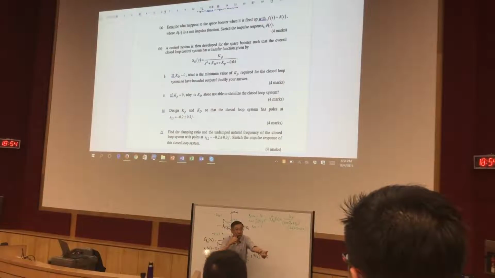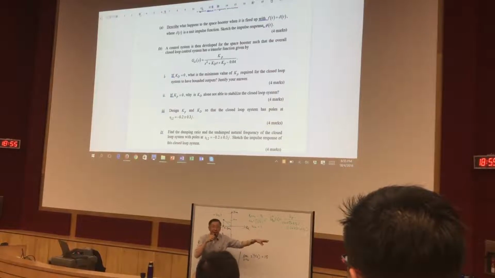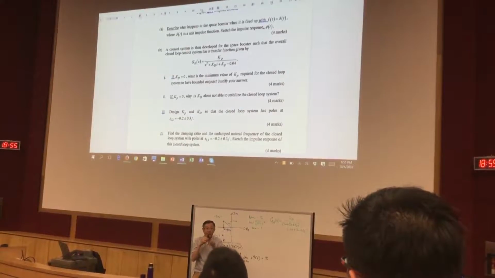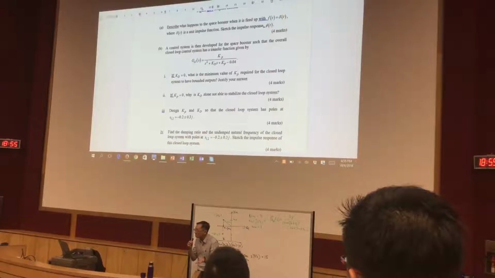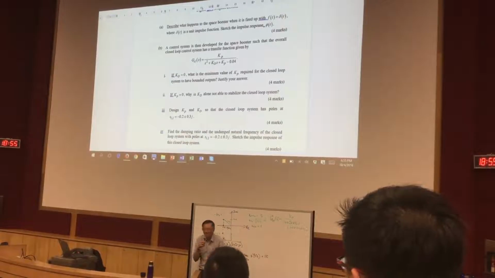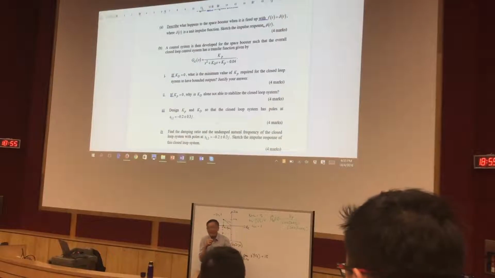You can find omega n squared, which is the constant. And once you find omega n, the coefficient for s is 2 zeta omega n, so you can find zeta. Right? Does it make sense?